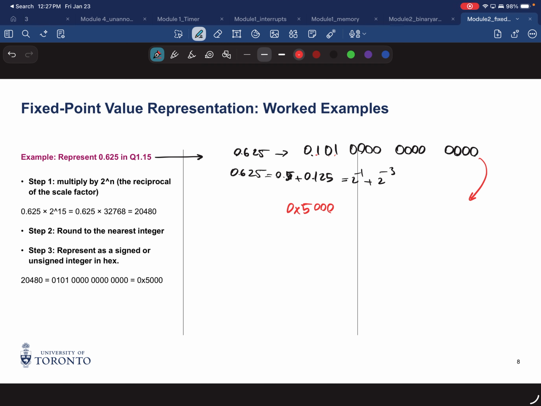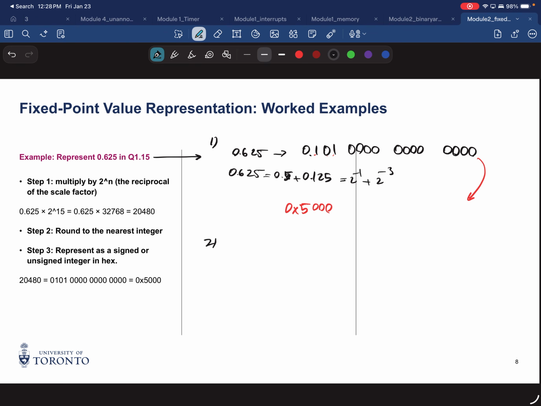Or you can do it another way. This is the first method, which is similar to the second method we used the other time. The second method is, okay, I'll do 0.625 multiply 2 to the power of 15, because that's how many fractional bits I have.